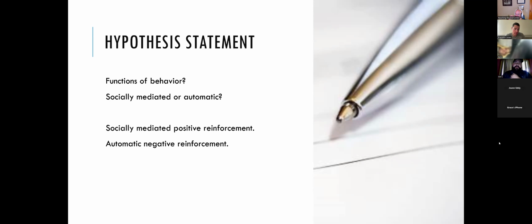Yeah, great. So you answered both of them. Is the consequence being delivered through the behavior itself, through the person engaged in the behavior, which would be an automatic function? Or is the consequence being delivered through someone else? And that would be socially mediated. So can you give us an example of both? Or one?